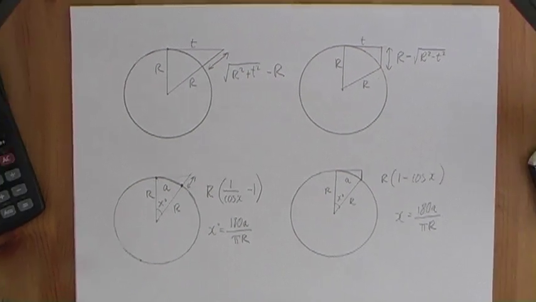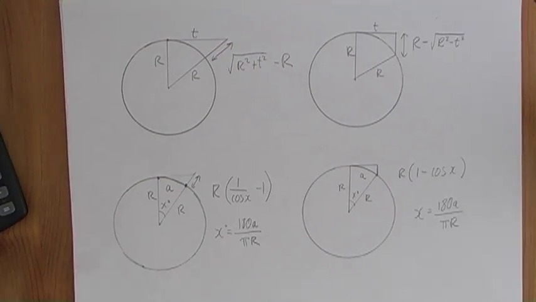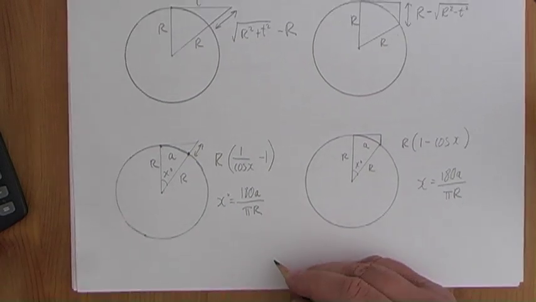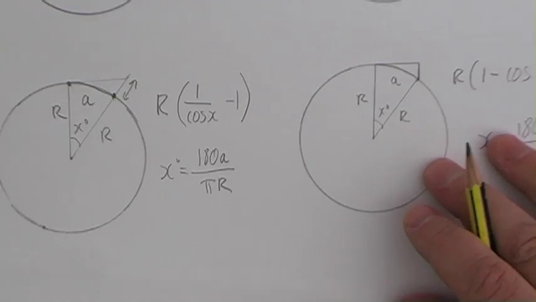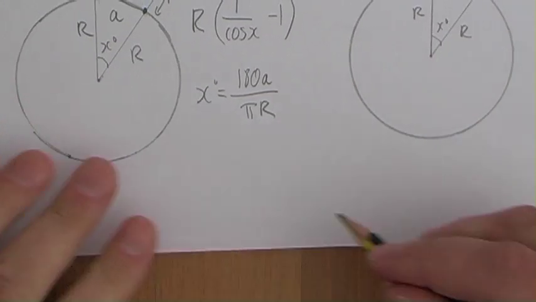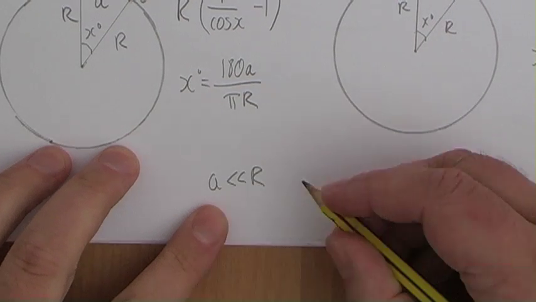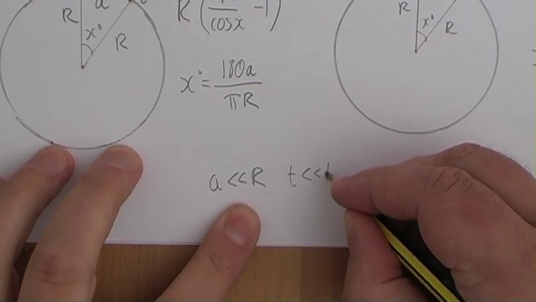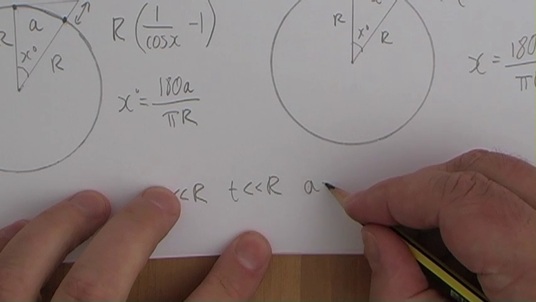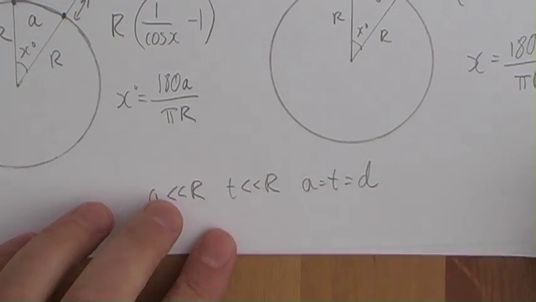Now, fortunately, for small values of a or t, when a and t are both small compared to the radius of the sphere or the Earth, all 4 of these give pretty much exactly the same answer. So if a is very small compared to r, if t is very small compared to r, then we can just equate a equal to t equal to a distance d.